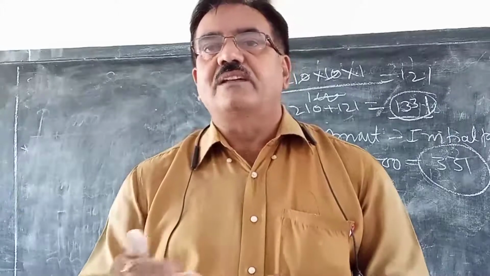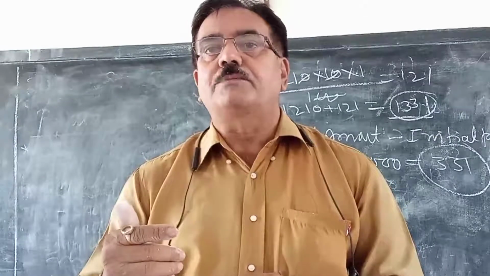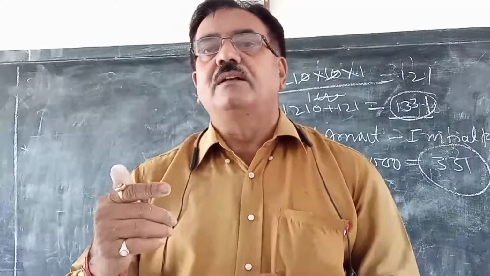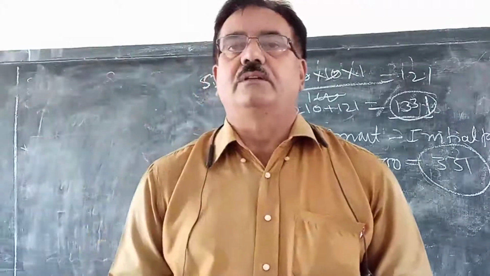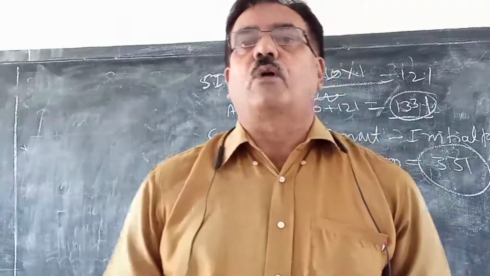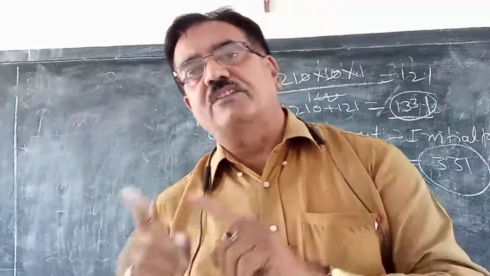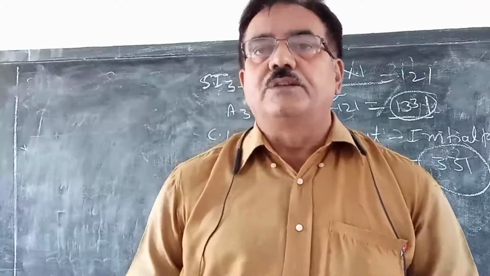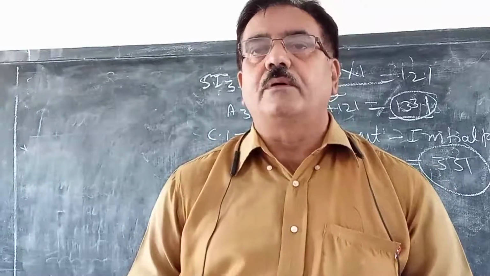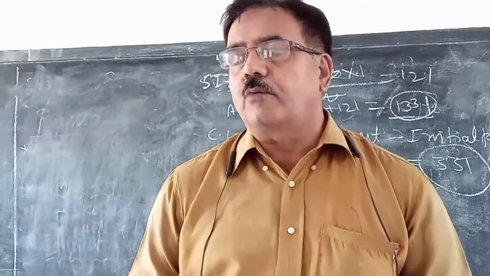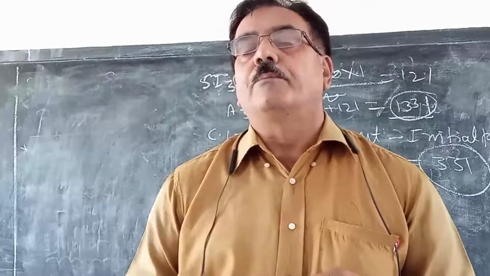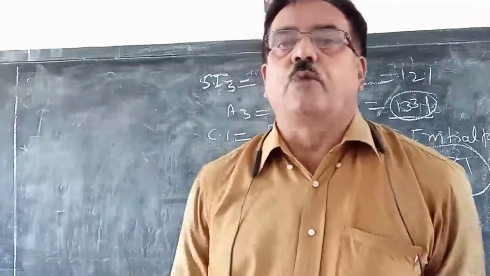Then the next 6 month amount becomes principal for the next 6 months. Similarly, quarterly, 4 month amount becomes principal for the next 4 months. The second 4 month quarterly amount becomes principal for the next quarter.